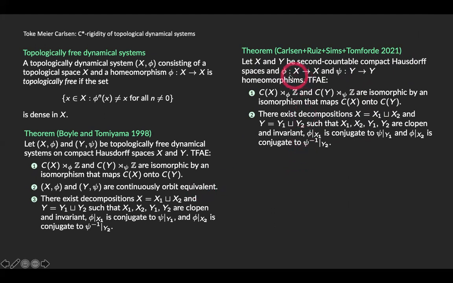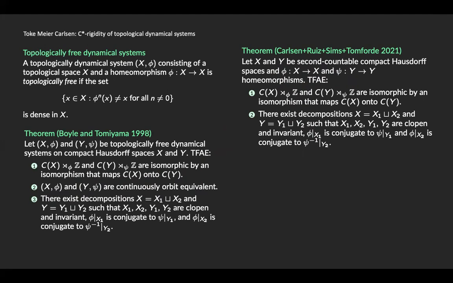So what is new here is that there's no longer any conditions on the maps here. They just have to be homomorphisms, but then we lose the condition about the systems being continuously orbit equivalent.